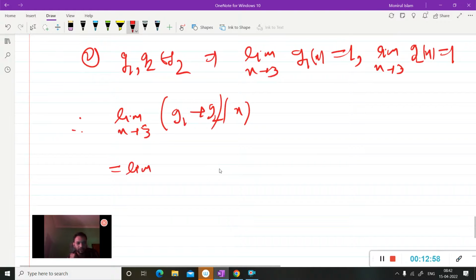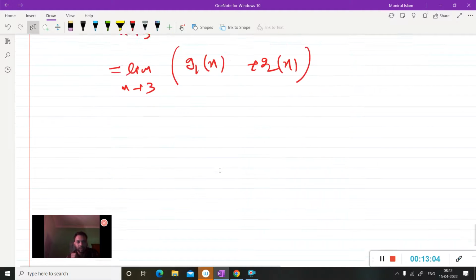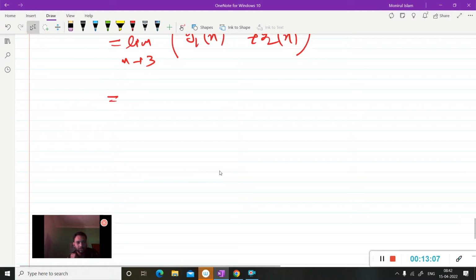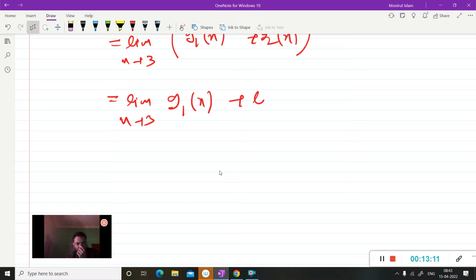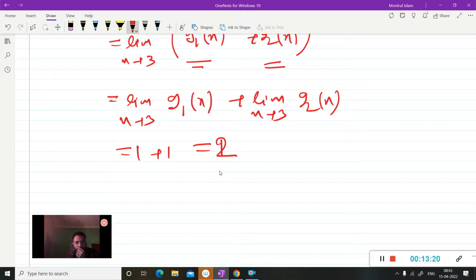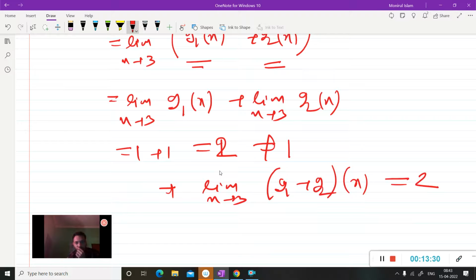It will be the limit as x tends to 3 of g1(x) + g2(x), and both limits will be 1, so 1 plus 1 will be 2, not equal to 1. So the limit as x tends to 3 of (g1 + g2)(x) is 2, not equal to 1.